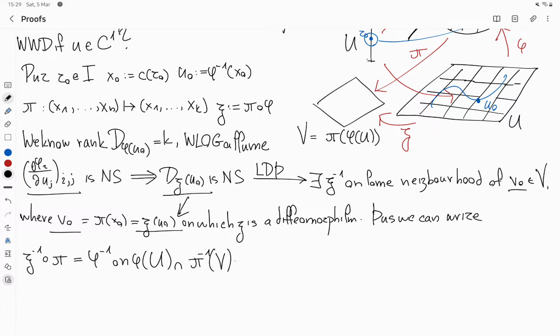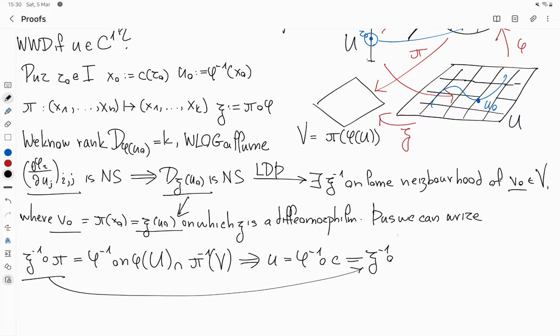of v under pi. And this means then that we can safely define u as phi inverse after C, since all we need to do is to take this expression, which we already know is well defined, G inverse after pi, and compose it with C. And we know that this works on some neighborhood of t0.